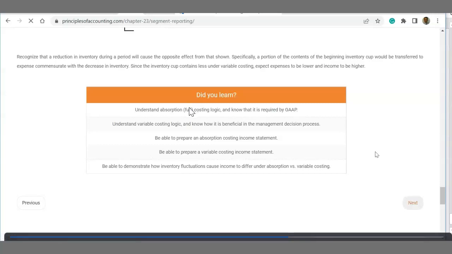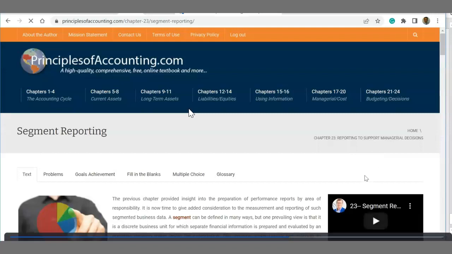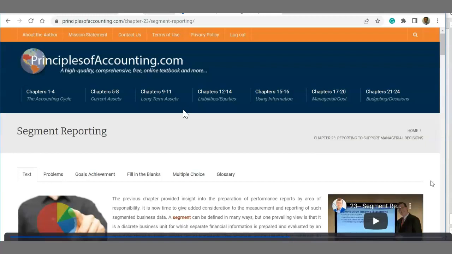But why is variable costing so useful? Because management needs to use variable costing to understand the contribution margin ratio and to make good management decisions. You cannot use the absorption costing income statement and gross profit ratio to make such a useful decision at the time you need a quick decision.